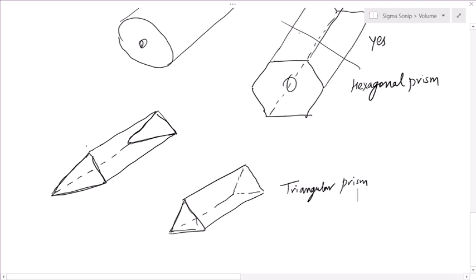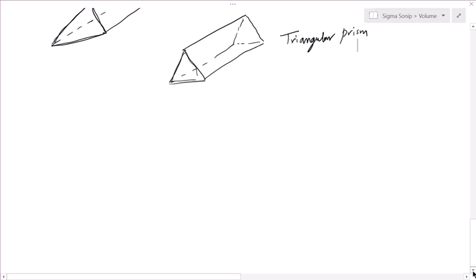Sometimes prisms are drawn in such a way that they don't make sense. So for example, they tell you that you got a swimming pool, where the depth on one end is 2 meters.